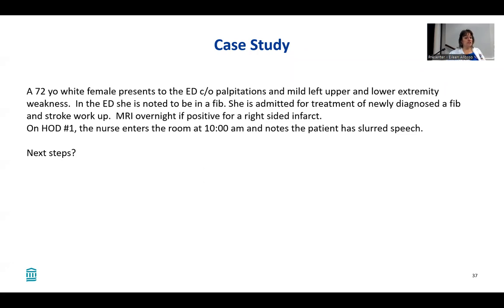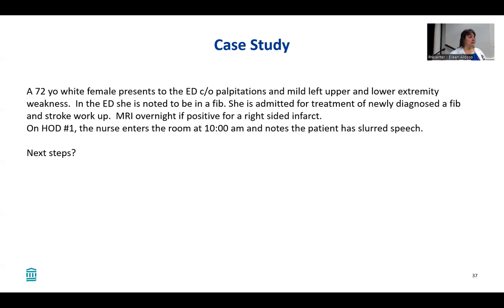What happens in this case, and we had it happen a month ago with a patient who had stroke symptoms: the nurse evaluated her, felt she was a candidate for TPA, and she went down for her CAT scan of the head. Neurology was called right away.